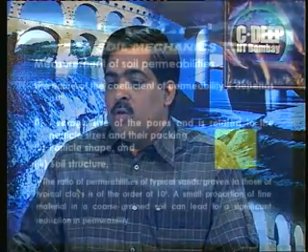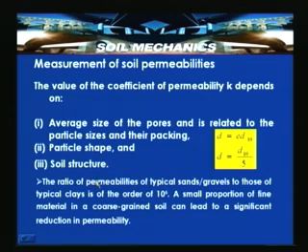So, here, what we discussed in the previous lecture, the ratio of the permeabilities of typical sands and gravels to those of typical clays is of the order of 10 to the power of 6. As we have seen in the previous slide, clay and sand have a distinct difference as far as the permeability values are concerned.